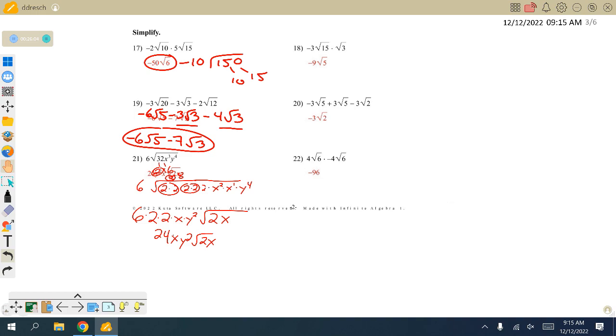So, simplifying negative 3 root 20 is 6 root 5, right? And that doesn't simplify. And this one becomes negative 4 root 3, right? 7. And that gives me a 7. This is not a like term, right? So that's it. Yeah.